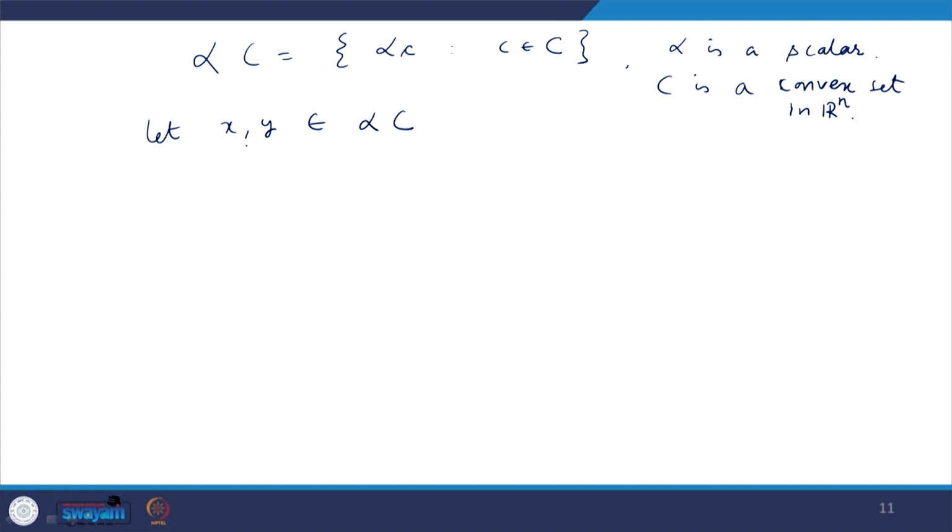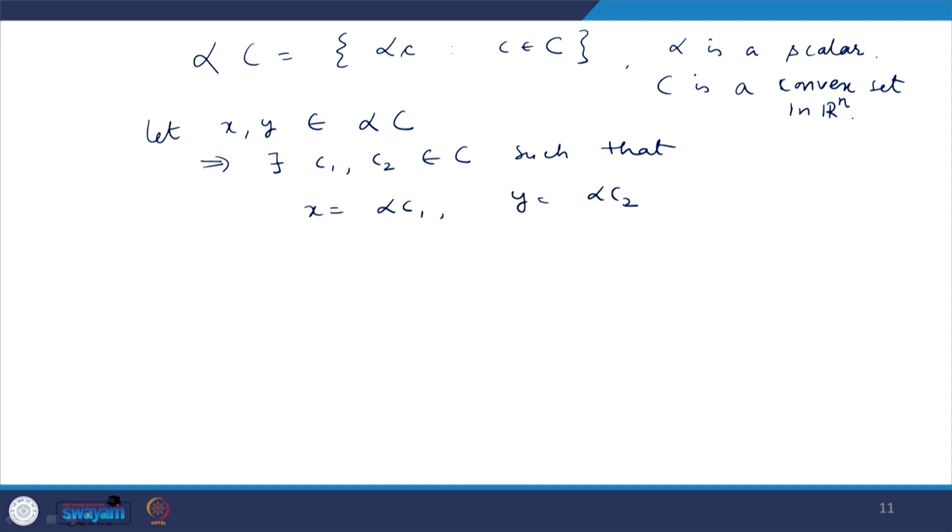So, if x and y belong to alpha C, this implies that there will exist some c1, c2 belonging to C such that x will be alpha times c1 and y will be alpha times c2.